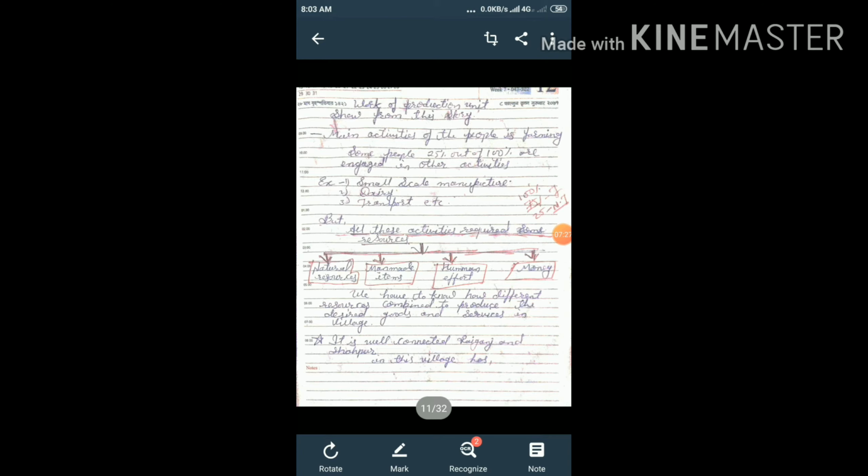We have to know how different resources combine to produce the desired goods or services in a village. So in this chapter we have to know how the resources combine to produce the desired goods and services in this village. It is well connected to Raiganj and Shahpur.